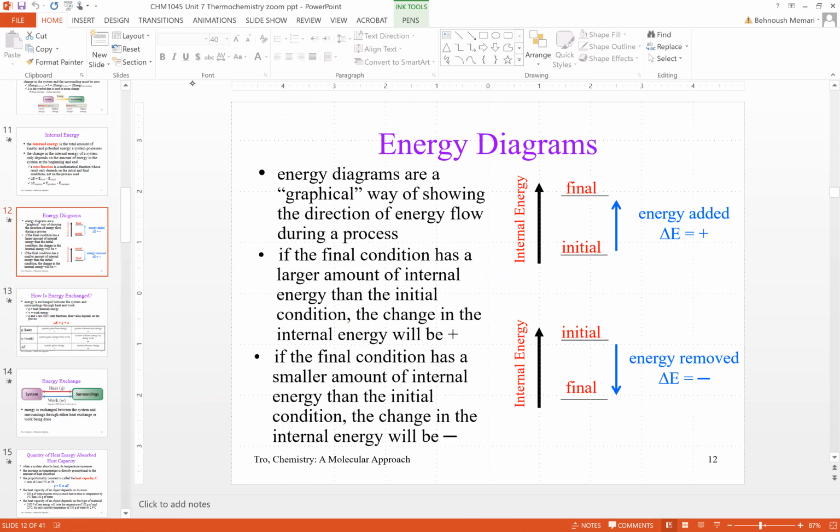So if the internal energy goes up, that means energy has been absorbed by the system. If the internal energy goes down, that means energy has been released from the system to the environment.